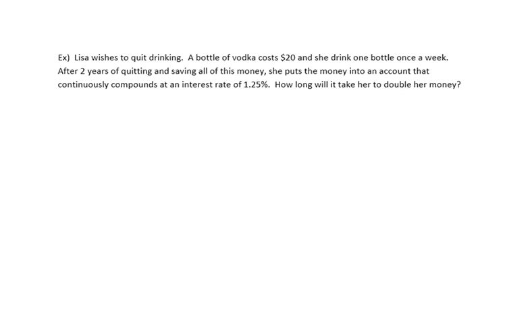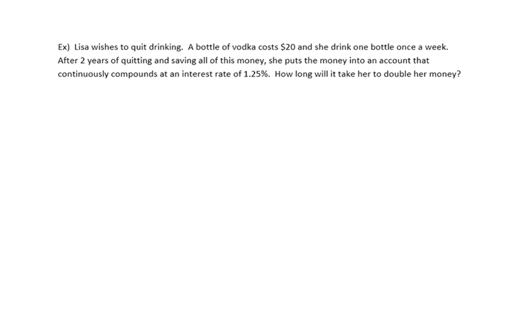Okay, so now let's take a look then at Lisa, who wishes to quit drinking. A bottle of vodka costs $20 and she drinks 1 bottle once a week. After 2 years of quitting and saving all of this money, she puts the money into an account that continuously compounds at an interest rate of 1 2/2500. How long will it take her to double her money?